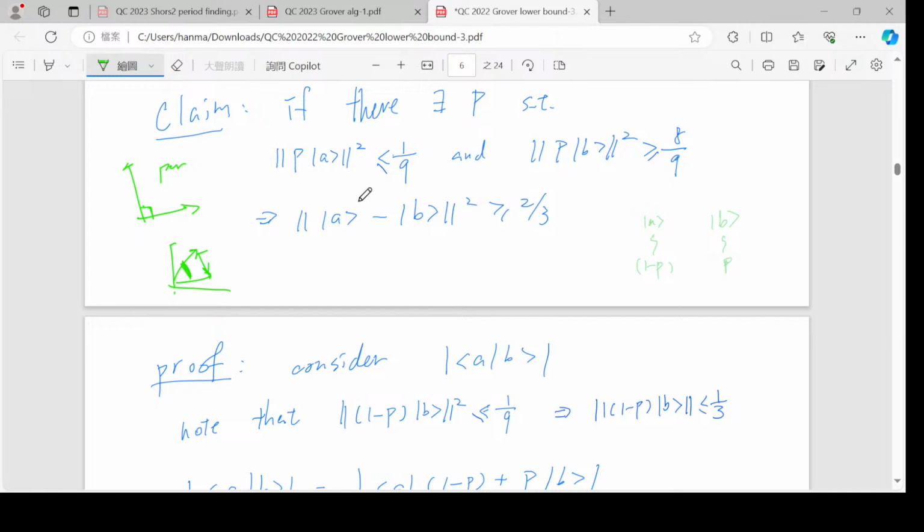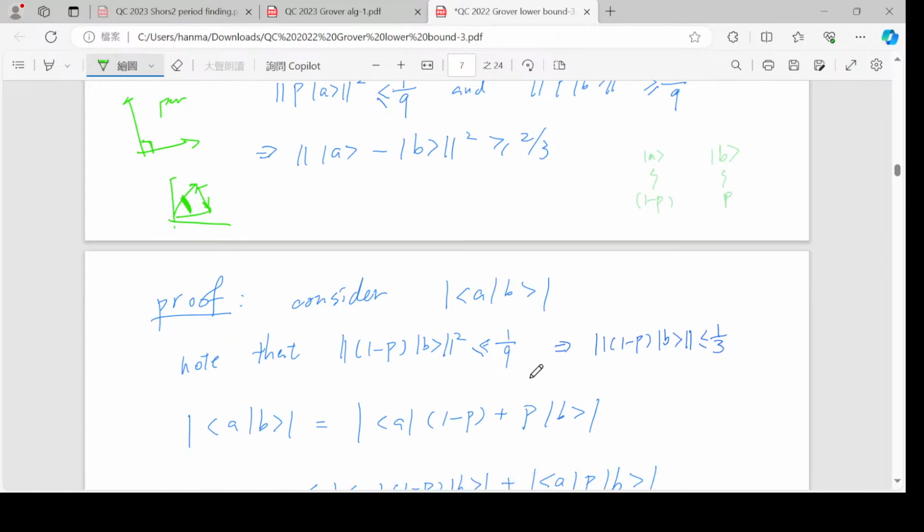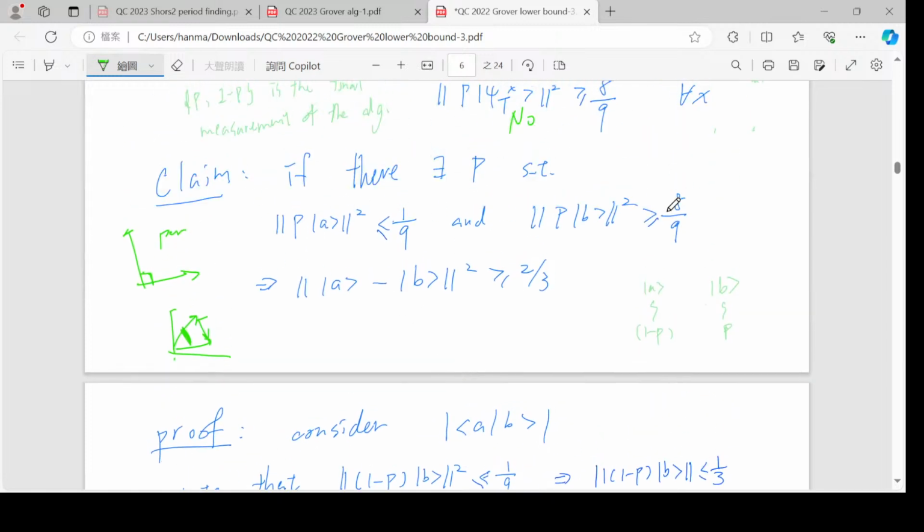We actually consider a better distance measure between these two vectors. Because we want to see the angle between them, how about we just calculate the inner product? So what's the inner product between A and B?